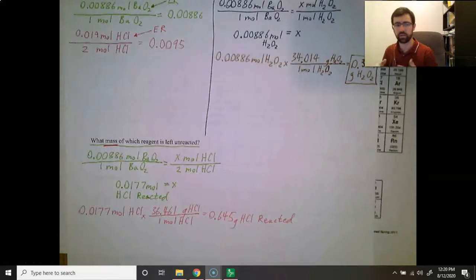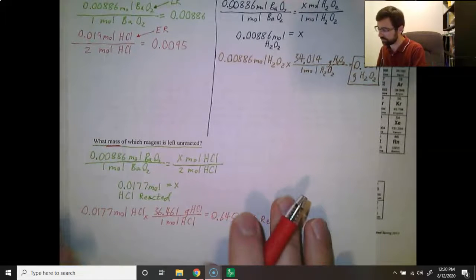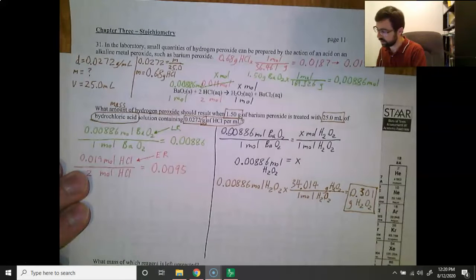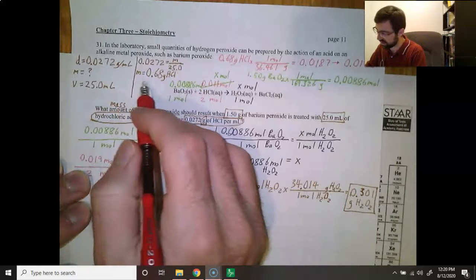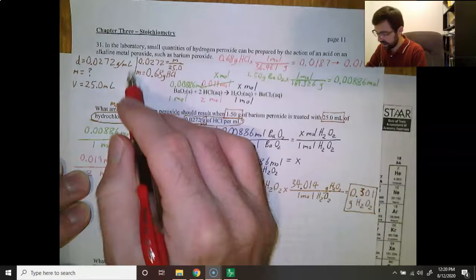So unreacted, how would we find what's unreacted? Well, we want to find out how much we used, and then we want to find out how much was available in the first place. So this is what was used. What was available? Well, we found there were 0.68 grams of HCl available, right? This is what was available.